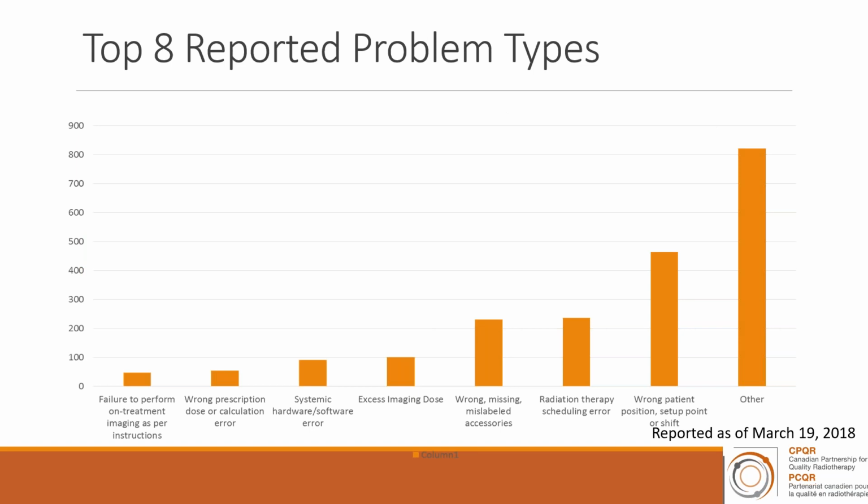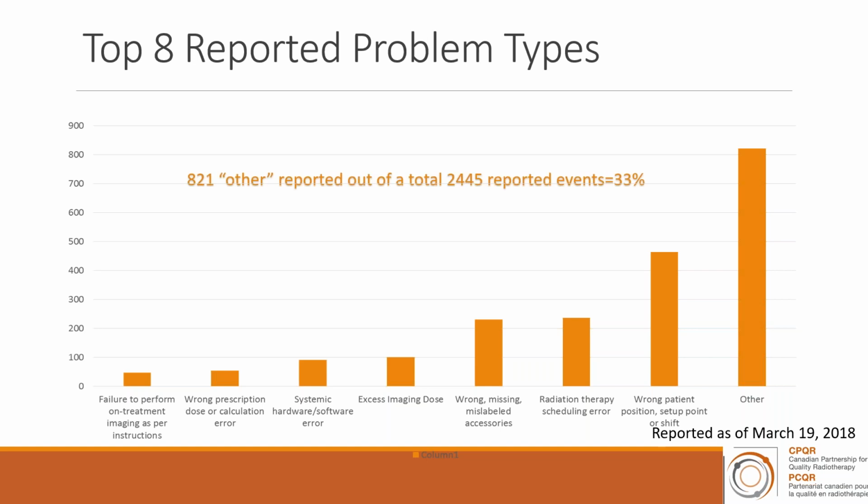All right, so when we look at the top reported problem types currently in NSER-RT, and this was reported as of March 19th, 2018, we see that the top 8 problem types are failure to perform on-treatment imaging as per instructions, wrong prescription dose or calculation error, systemic hardware software error, excess imaging dose, wrong missing mislabeled accessories, therapy scheduling errors, wrong patient position, setup point or shift, and then we have this very large bar at the end of other.